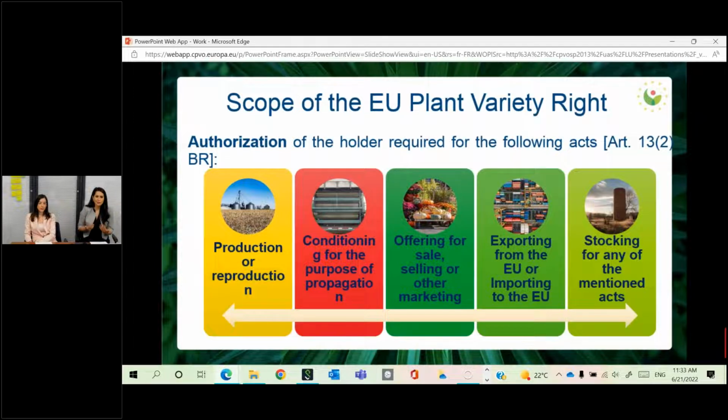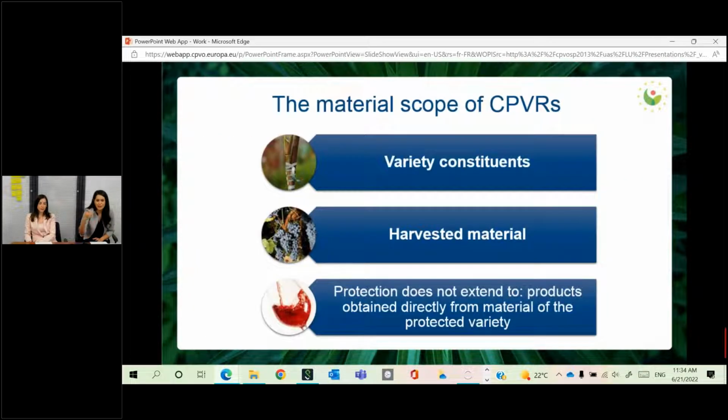The breeder has also, of course, the possibility to condition his agreement to a payback. This payback is the royalties. So in this case, for carrying out all these acts, we need to pay royalties to the breeders, unless the breeder doesn't care about that, and then that can be done for free.